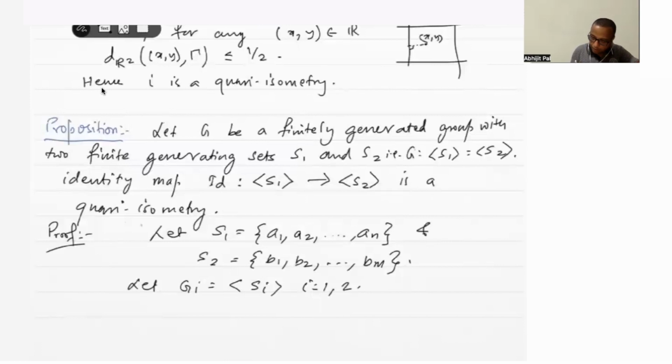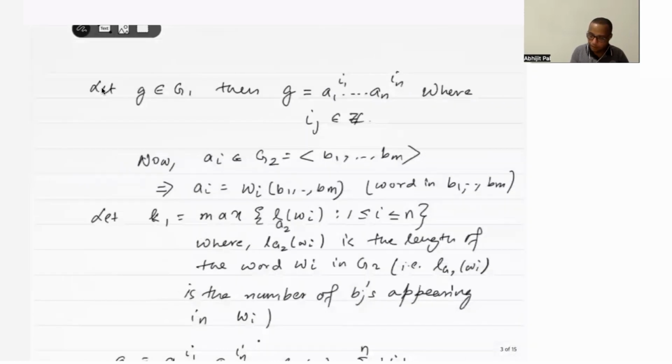Now let us take S1 to be the set A1, A2, ..., AN, and S2 to be the set B1, B2, ..., BM. And let Gi be the group generated by Si, i equals 1 to 2. So note that G1 and G2 are both equal to G. Now let us take g belonging to G1.